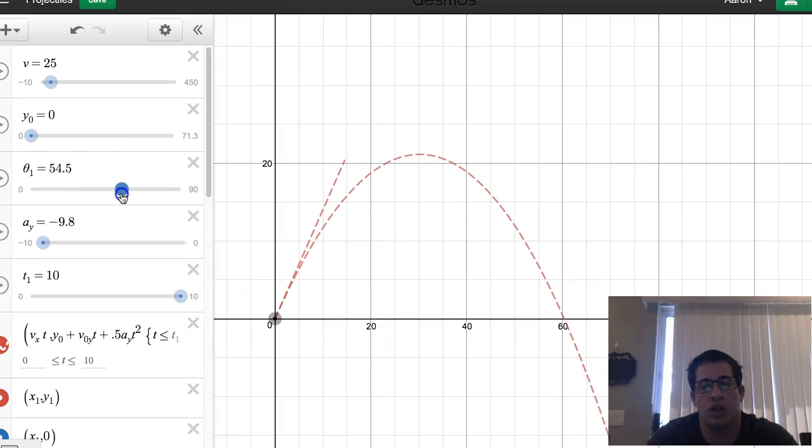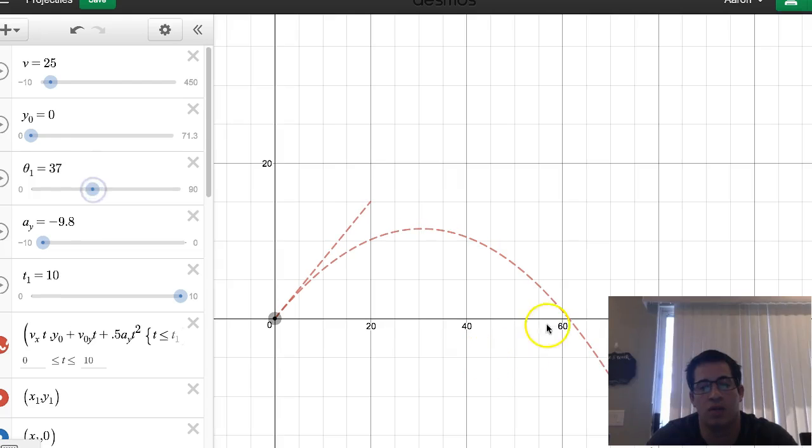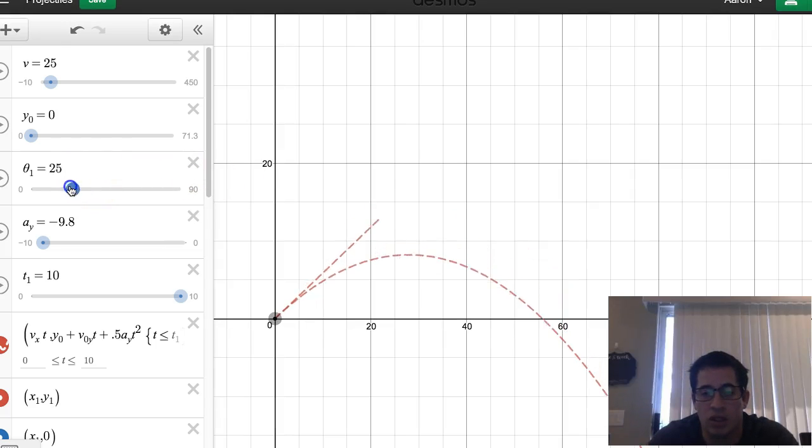So if you look here as I scan through this, it looks like the maximum landing spot happens around here. Okay, and that looks like about 63, 64. And so you're going to see that that is going to occur.